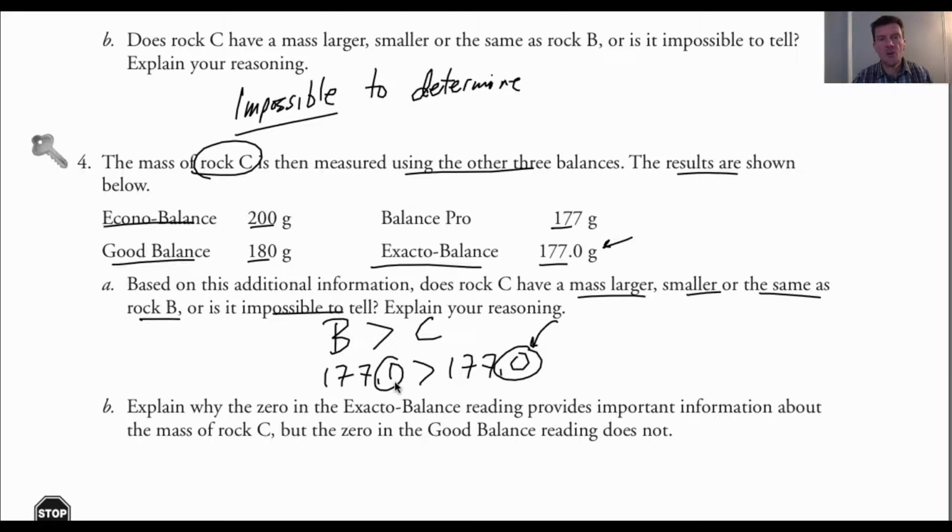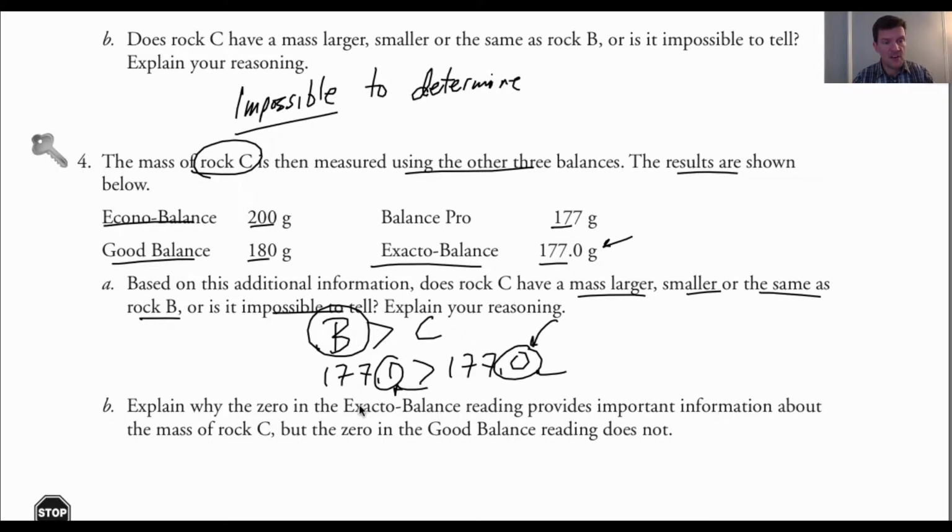So even though the balance brings rock B in at 1/10 of a gram higher, it's so close, and we keep in mind that last digit is really an estimation. So there may be some discrepancy there. It may not be as accurate or precise to determine whether B is actually greater than C. So it might be a little more difficult to tell than we think.